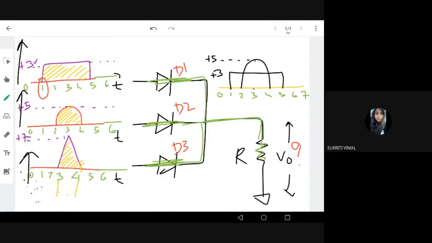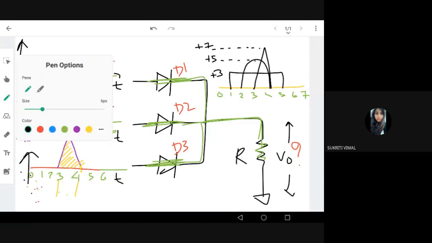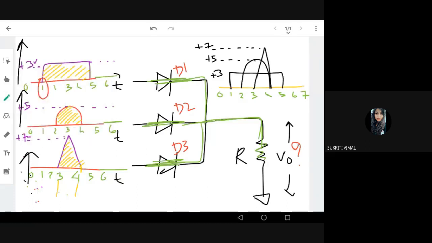So I'll be drawing it like this, something like this, whose voltage is plus 7 volt. So the shape of my output waveform is all of these combined. I can tell that the shape of my output waveform will be like this.